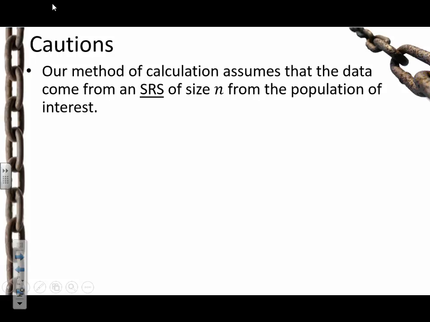So first, the way we calculate a confidence interval depends on our sample coming from an SRS. It cannot be any other type of sample. So you need to make sure that your sample is an SRS, or you need to be able to justify the sample being representative of the entire population. Okay? So the key here, you need to make sure that you have an SRS before you can start calculating anything with your confidence interval.